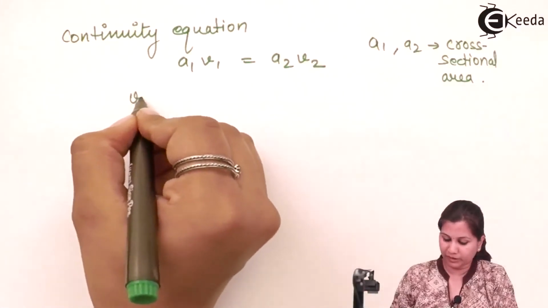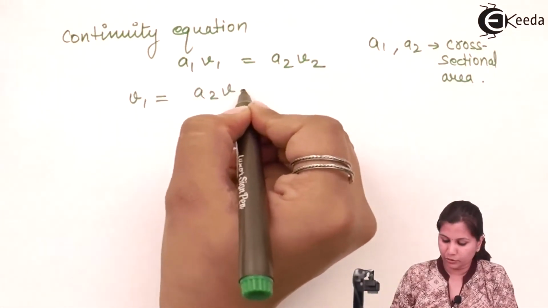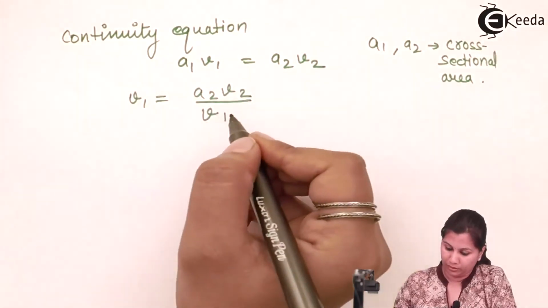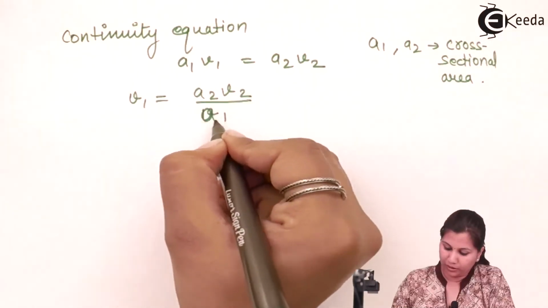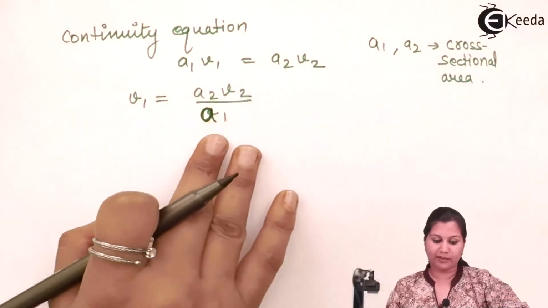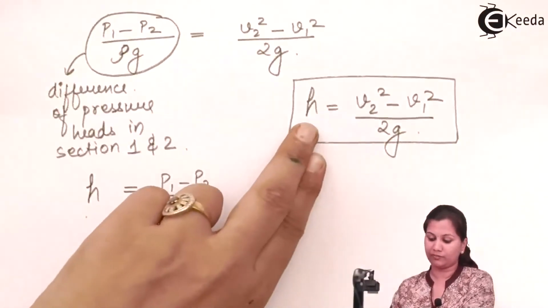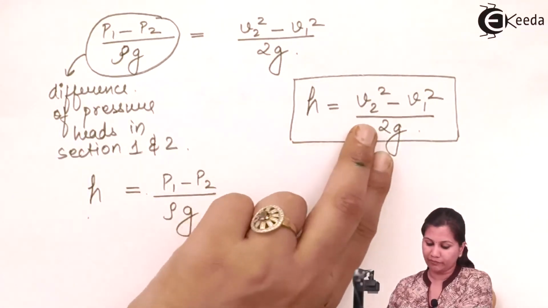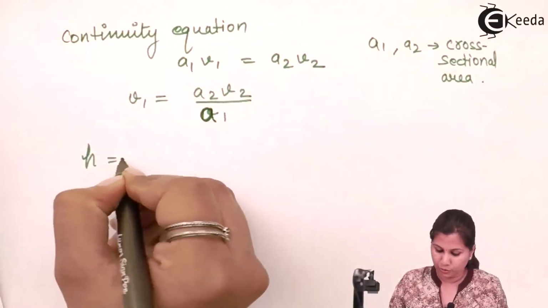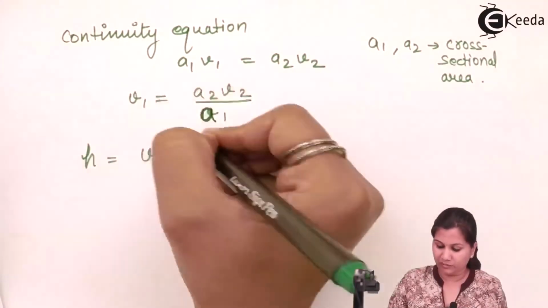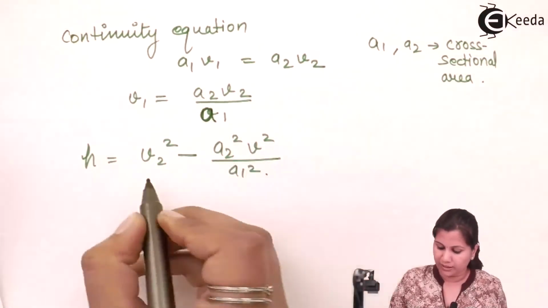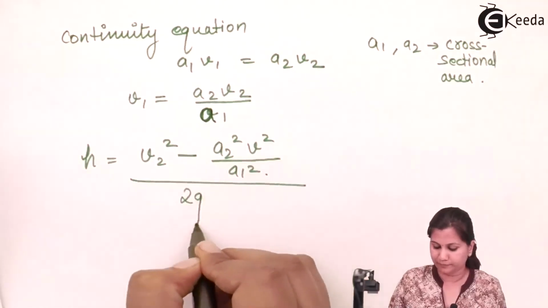Now from here V1 is equal to A2 V2 upon A1. Now substituting this value of V1 in this equation, H is equal to (V2 square minus V1 square) upon 2G. So H is equal to (V2 square minus A2 square V2 square upon A1 square) divided by 2G.